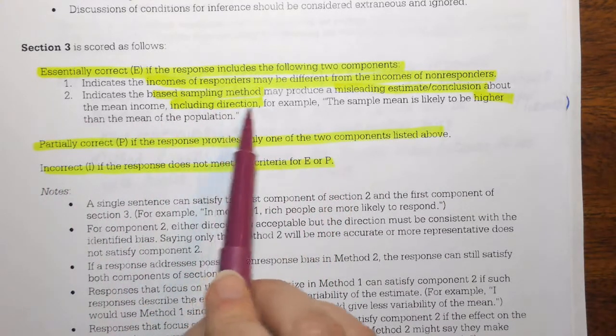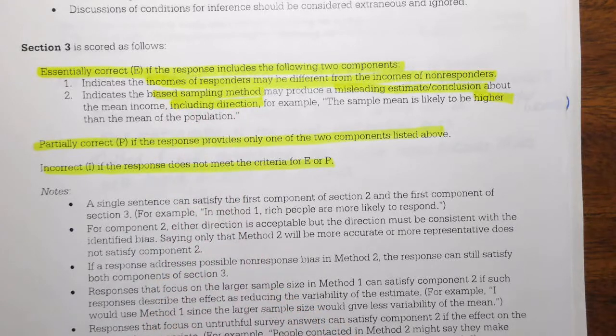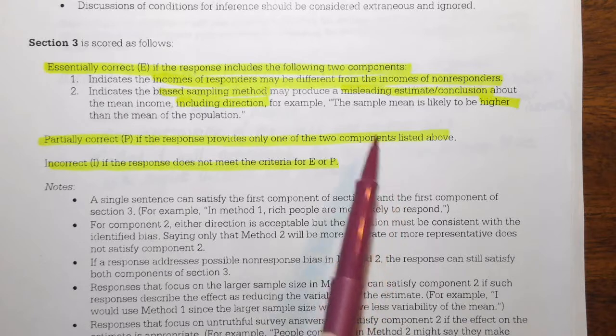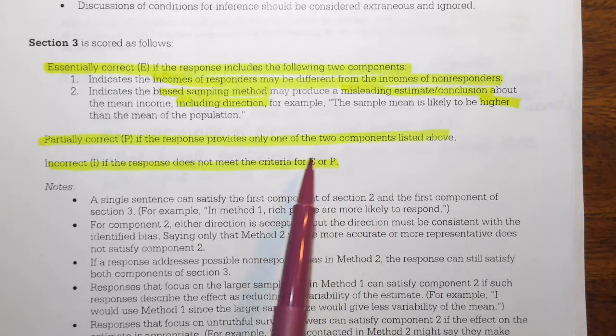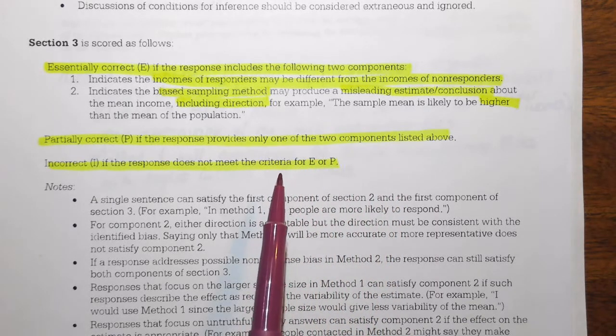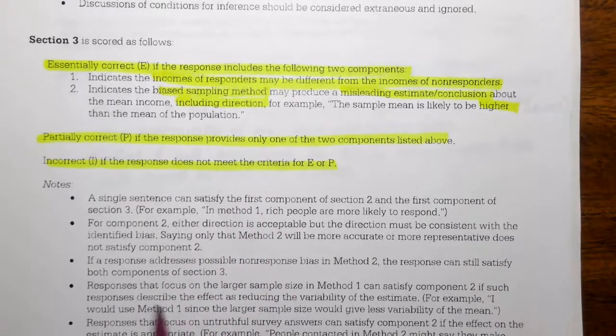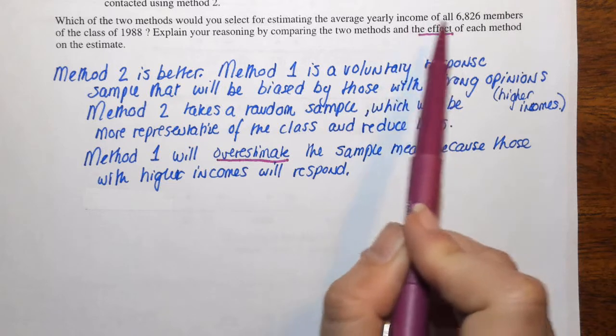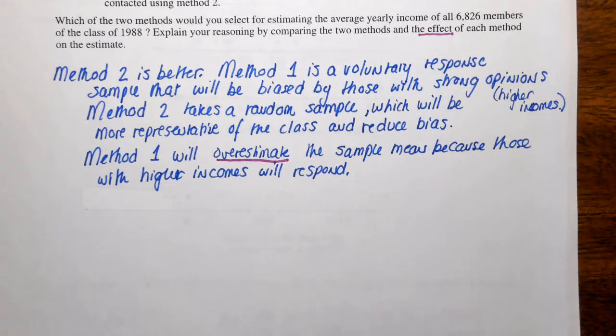So there's my overestimate word, including direction. If you have only one of those 2 things, you get a P, which I think most of you did, or you're going to get an I here, because a lot of you, I'm sure, completely skipped that. Like, you didn't even read that part of the directions. That just somehow escaped your vision.